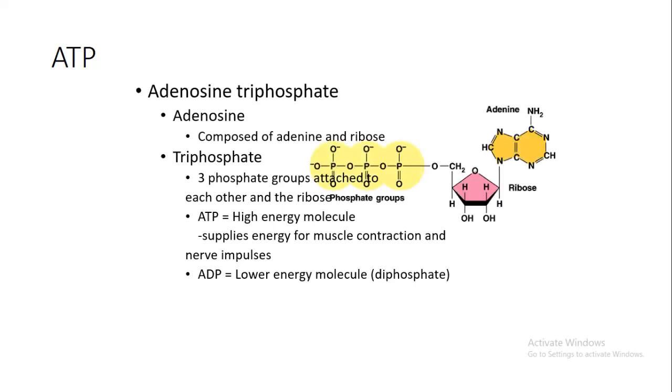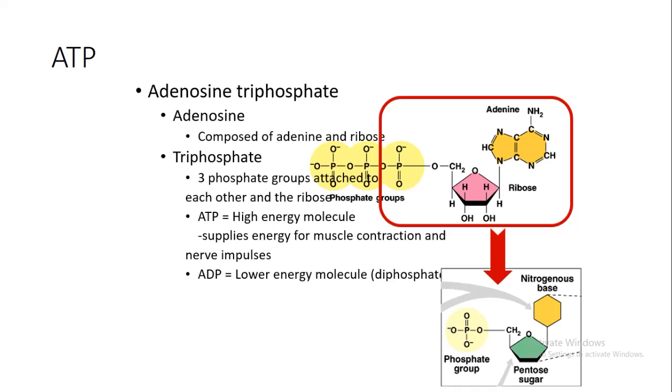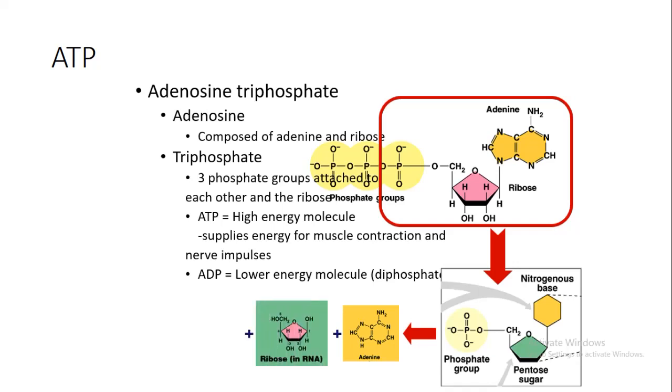Okay, so like I said, when you talk of ATP, you have a nitrogenous base, a ribose sugar, and 3 molecules of phosphate. So you can see there you have adenosine, and this adenine will react with a ribose sugar, and after that it's going to react with a phosphate group.